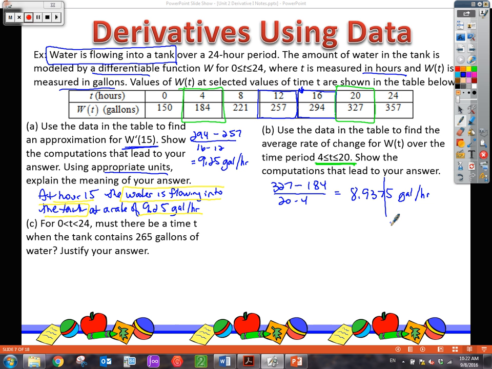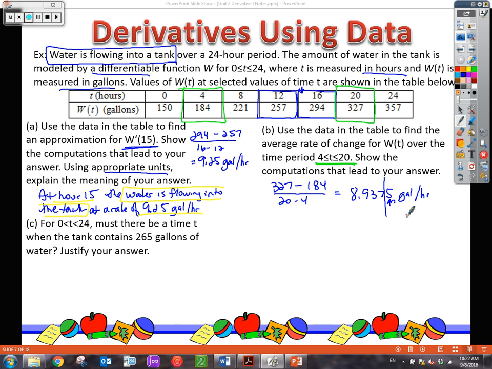If I'm rounding, then I have to pay attention to this number and I have to adjust according to what the number is. So 8.938. And those are the only two numbers that will be accepted for the point. Even if you're 1,000th off, you wouldn't get the point. So very important to keep all your numbers in your calculator and only round at the last, which we've been training you to do for years, right? That's what you need to do. Keep everything in there, round at the last minute.